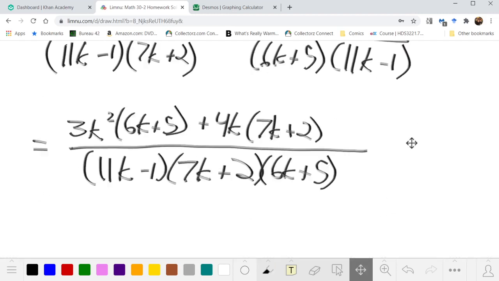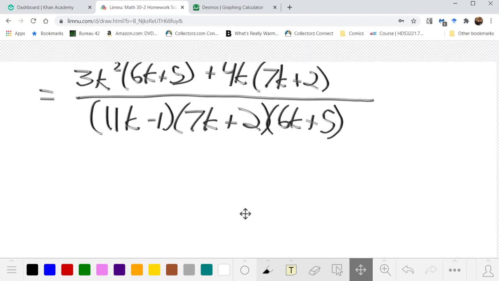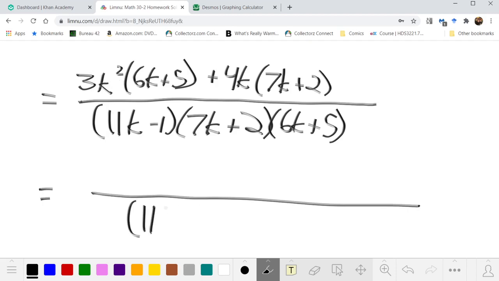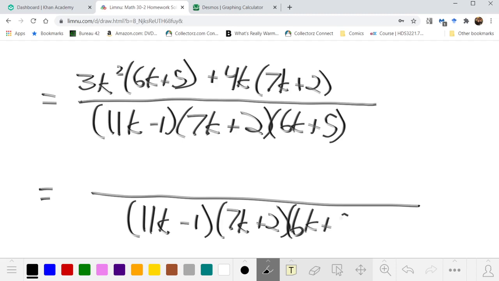So those were the factors missing from those respective denominators. So now we do have to simplify. We're allowed to leave things in the factored forms, but simplification means we can't leave our numerator like this. So we have to multiply it out and figure out what it becomes.